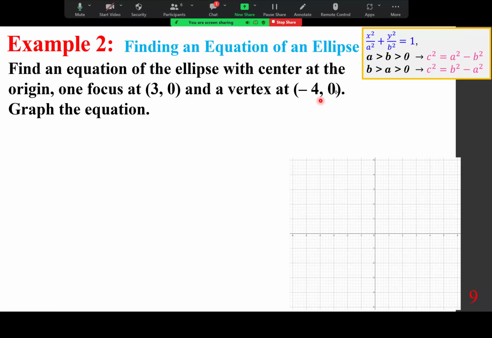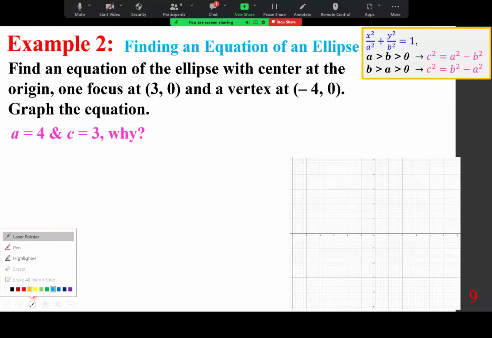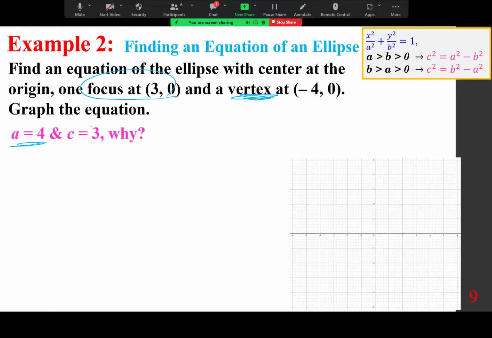That means A must be 4. The focus is at 3, 0. That means that C must be 3. This tells us it's the vertex, everybody. Vertex says A must be 4, and focus says C must be 3. So that's very important to understand, everybody.